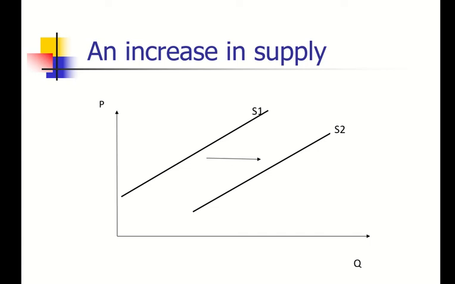I like to denote the old curve as S sub 1, this is a subscript, and then the new curve as S sub 2. But you can also denote them as S0, S1, S star, S double star, S prime, S double prime, as long as it's clear to a common reader which comes first.